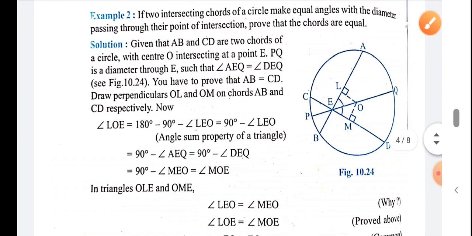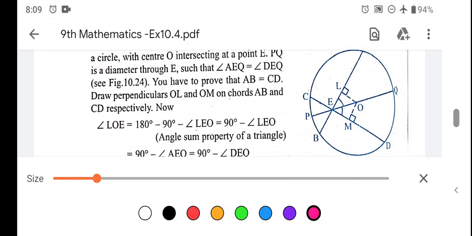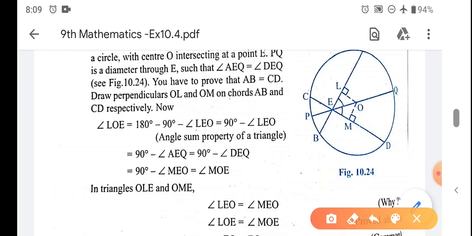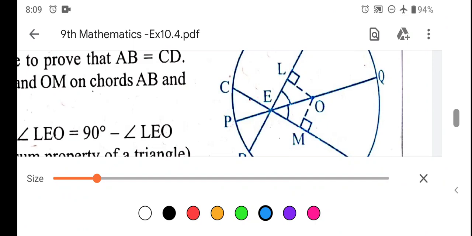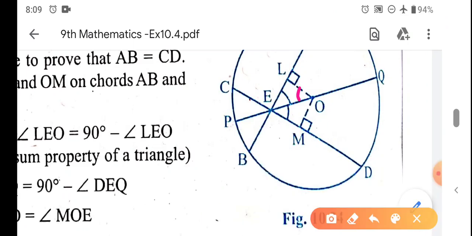So let us do it. Firstly, I am taking angle LOE, this one, LOE. Let it be 1, let it be 2, let it be 3, let it be 4, let it be 5, let it be 6.